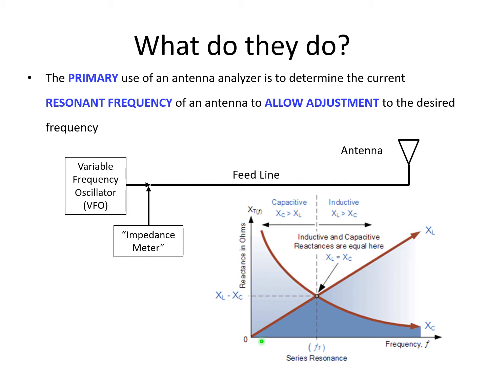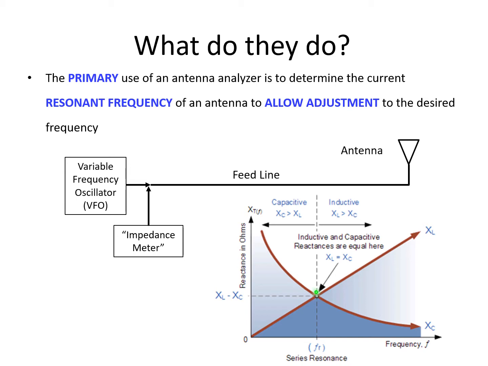So what we're wanting to do is understand, as the frequency increases, what does the combined reactance do on the antenna? And what we'll see, and what we have seen, is that when we get to this point where the inductive reactance equals the capacitive reactance, since one is positive and one's negative, they cancel each other out, and the only impedance left is the real part, or the real resistance.